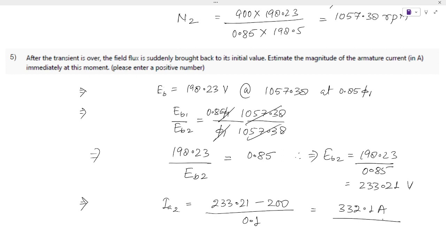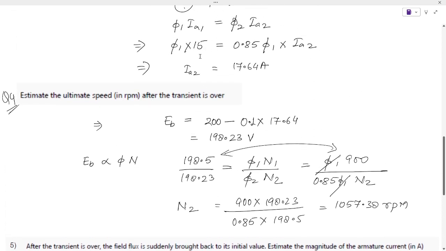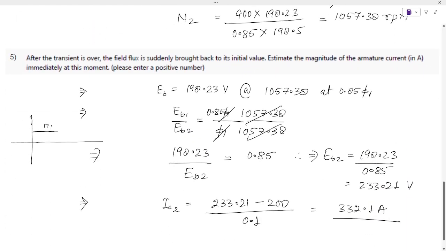Yes or no? Yes, sir, it will be reverse. See, immediately at the transient, let's say current was flowing this way, 17.64. Let's say this was armature current Ia, 17.64. At the moment when flux changed, immediately it will peak back like this and again settle to some new value.